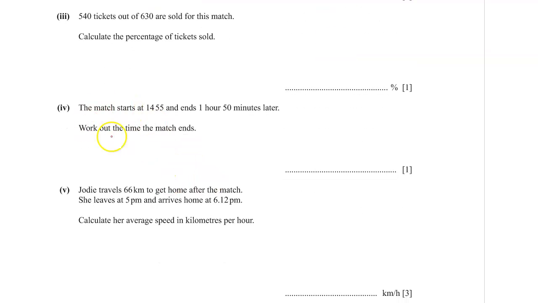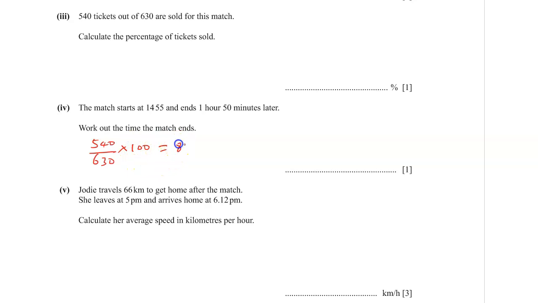Part 3 of B. 540 tickets out of 630 are sold for this match. Calculate the percentage of tickets sold. The tickets sold are 540, and the total tickets is 630, and you multiply by 100 to convert that into percentage.